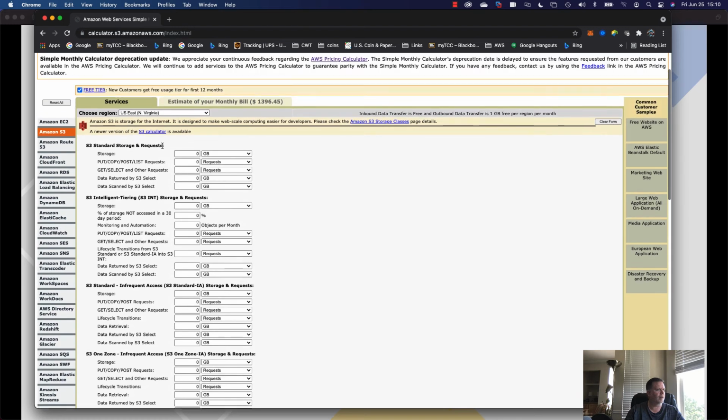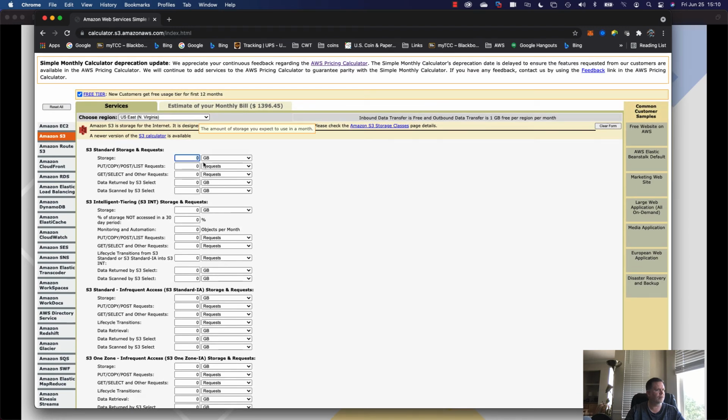Then we can add S3 storage. So if we add 50 gigs of storage, and we'll just say it's 50,000 requests and 500,000 gets, I mean it doesn't really add a whole lot because it is pretty much fractions of a penny for S3.